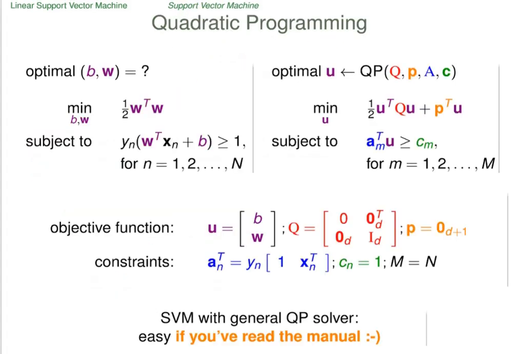In order to use the quadratic programming tools, we only need to know how to take any given problem and convert it into a standard form, which is then used by a quadratic programming solver.